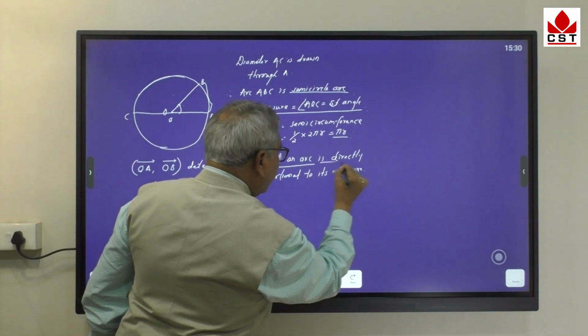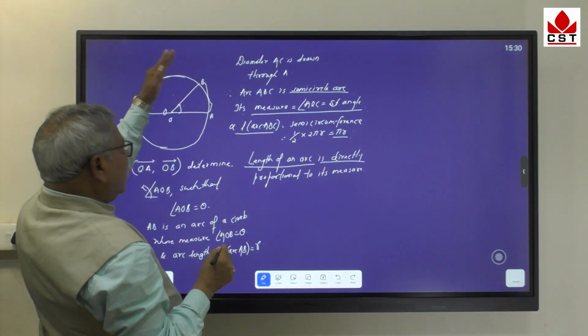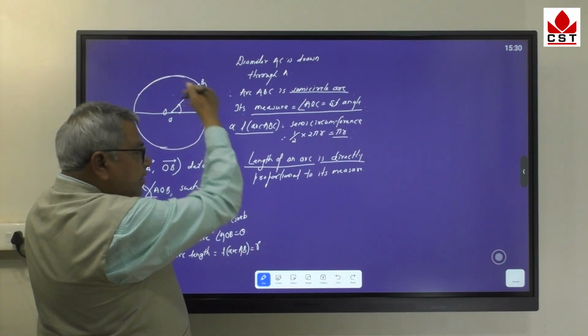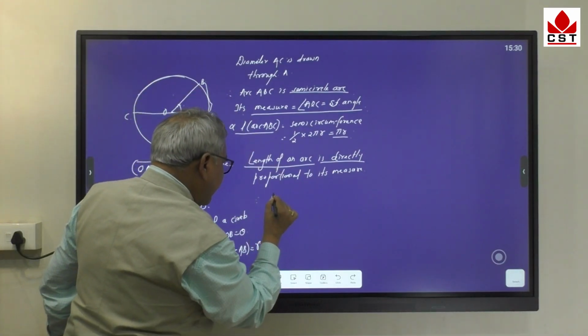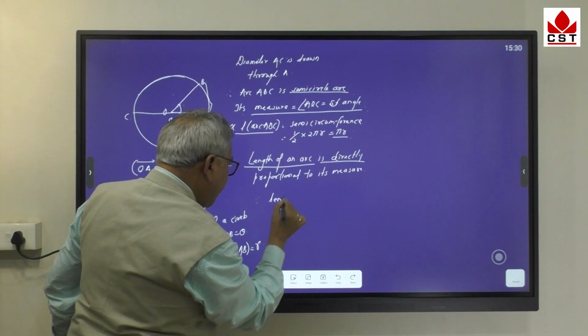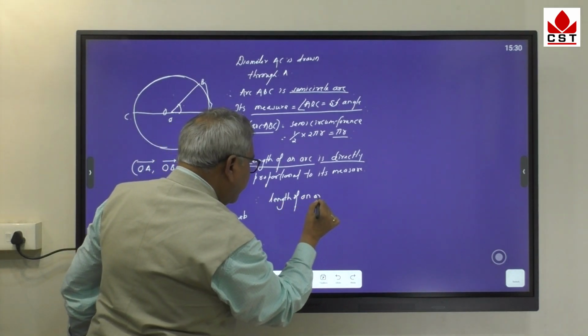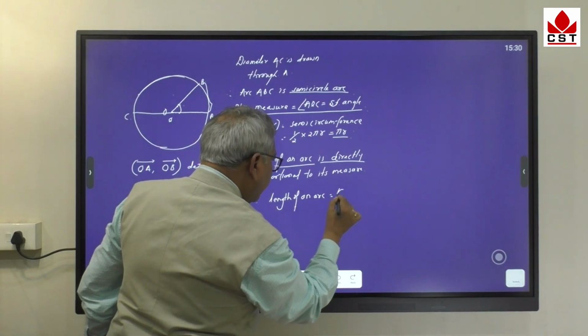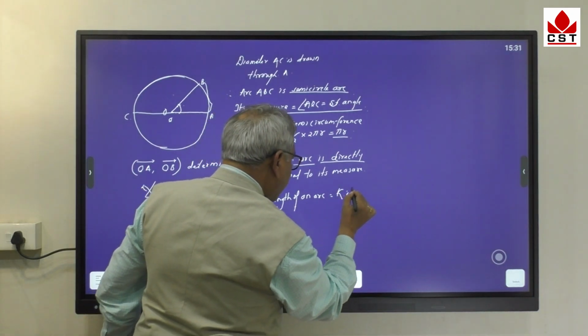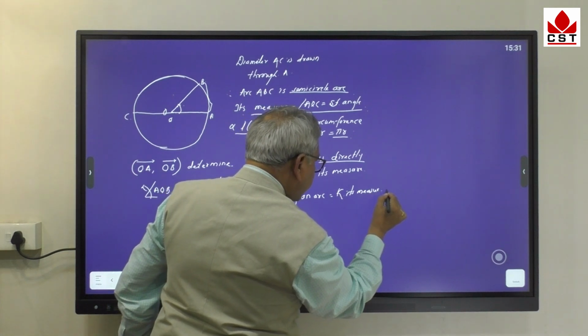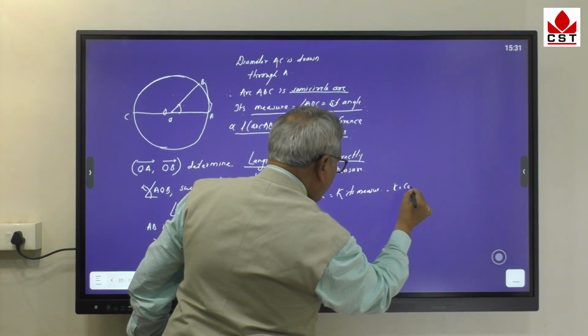As length of an arc increases, measure also increases. Now therefore, I can say that length of an arc is equal to k times its measure. K is equal to constant.